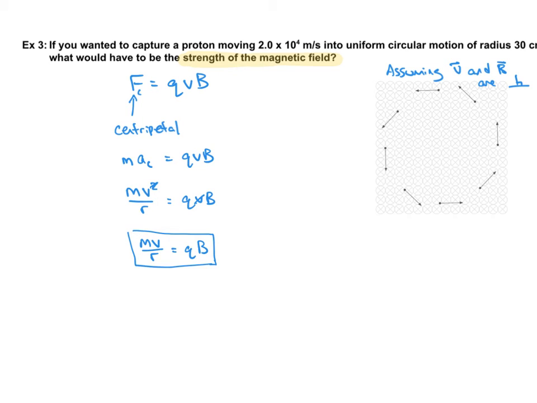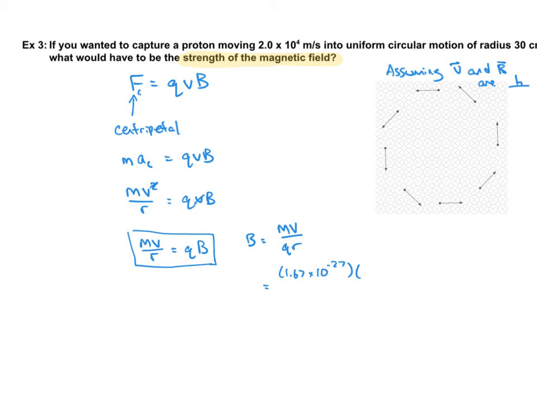For this specific question, we're asked to solve for the magnetic field. So I'll just rearrange it for B. That's just going to be dividing both sides by Q. So I'll put in the values. The mass of a proton, you have to look that up from the useful values document.